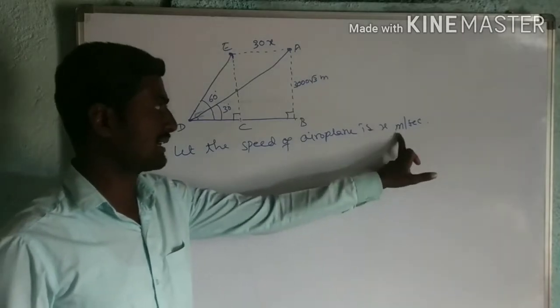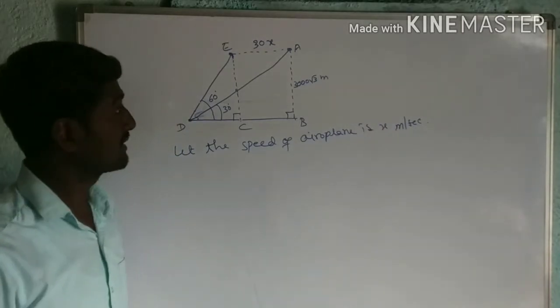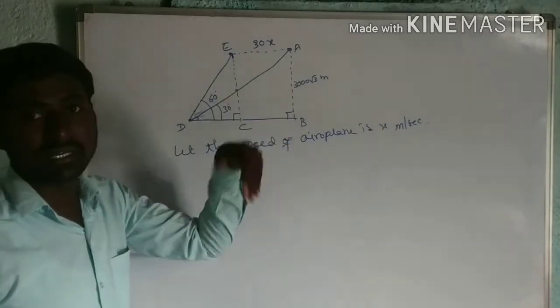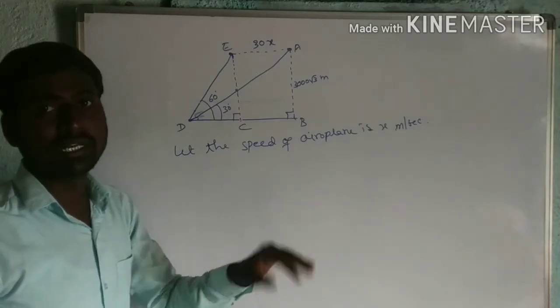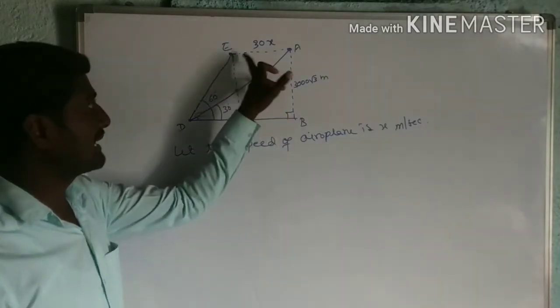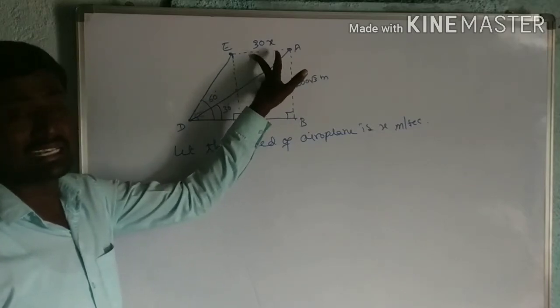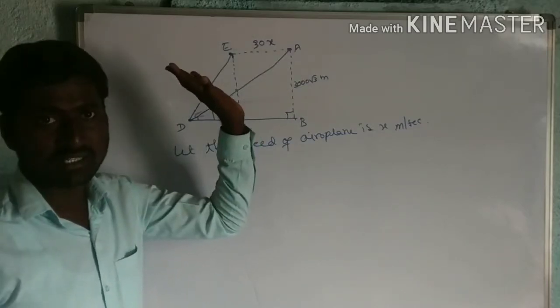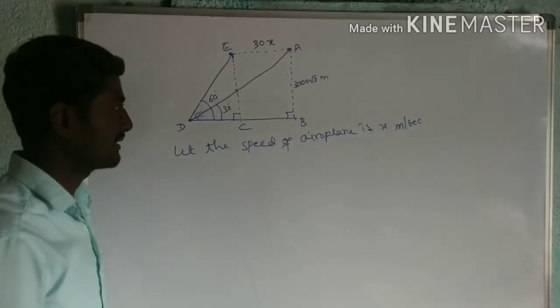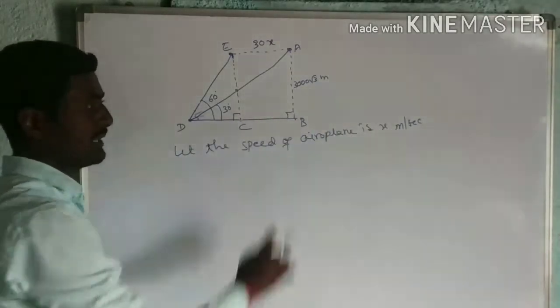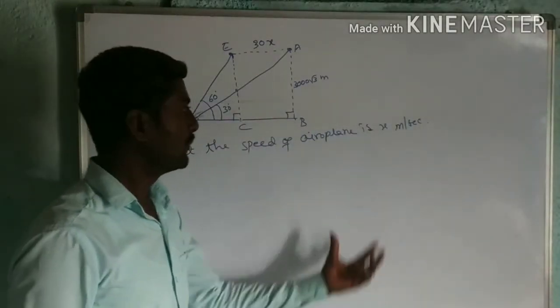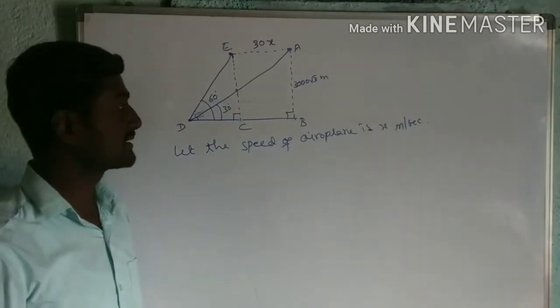So speed equals distance by time, and distance equals speed into time. So AE is the distance covered by the aeroplane in 30 seconds, that is 30x meters. So x is the speed of the aeroplane. I assumed it, and we have to find the value of x.